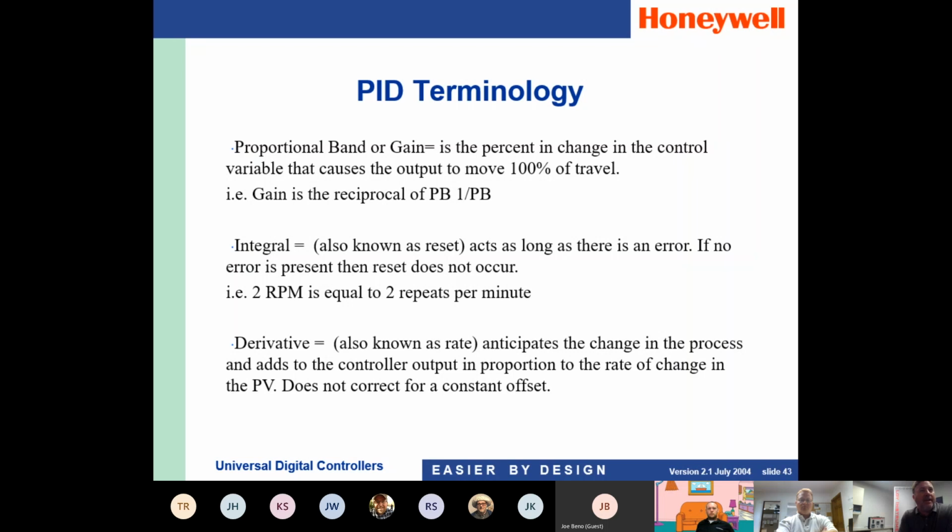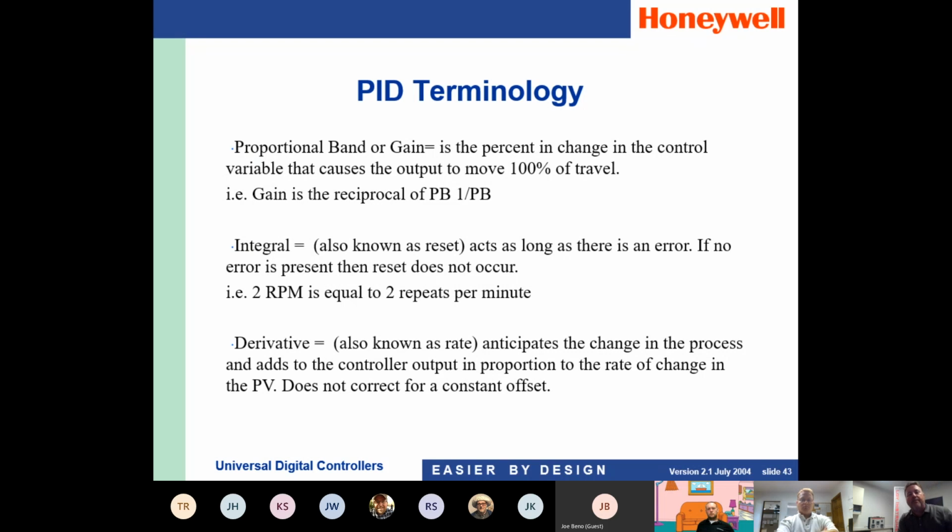So if I had a set point of 1,000 degrees and it went to 1,001 on the process variable, guess what? I would get a 0% output. Likewise, if I moved from 1,000 degrees to 999 degrees, I would then get 100% output out of my controller. So this is the same as an on-off control.